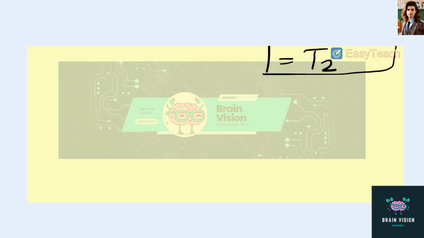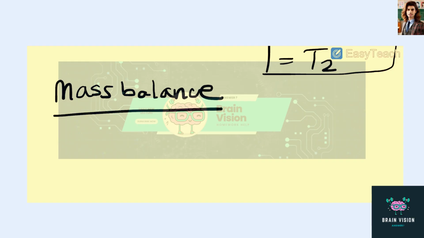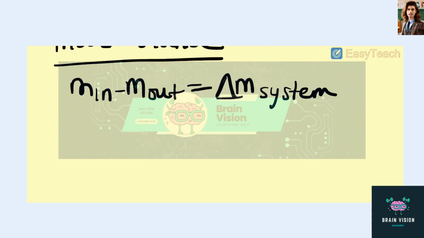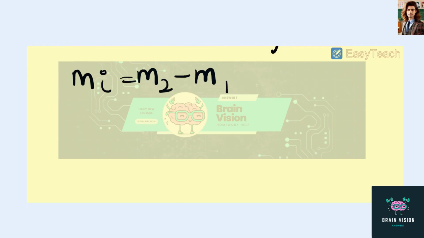First, the mass balance. m in minus m out is equal to the change in the mass of the system. We rewrite this as mi, the mass that's coming in, equal to the final mass minus the mass in the beginning.